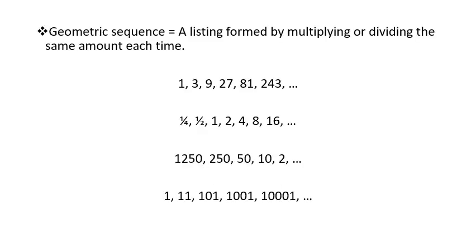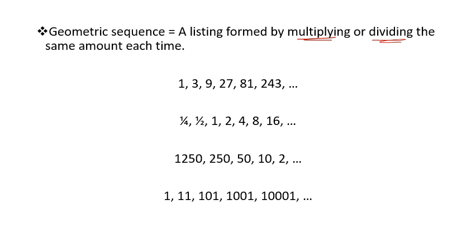The other type of sequence that we need to look at is called a geometric sequence. So a geometric sequence is a lot like an arithmetic sequence, but instead of adding or subtracting the same amount each time, we are multiplying or dividing the same amount each time.